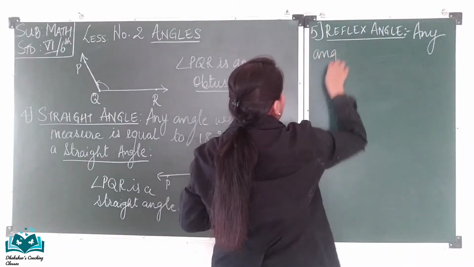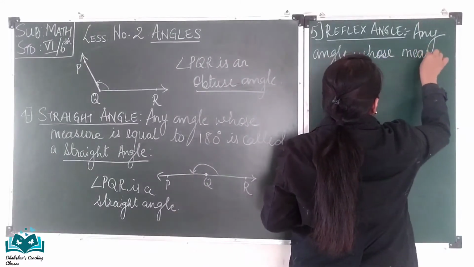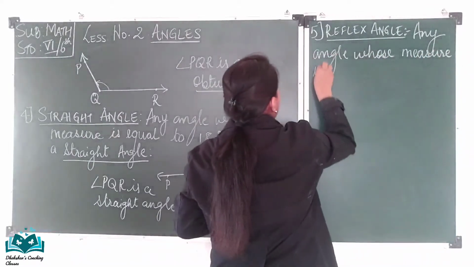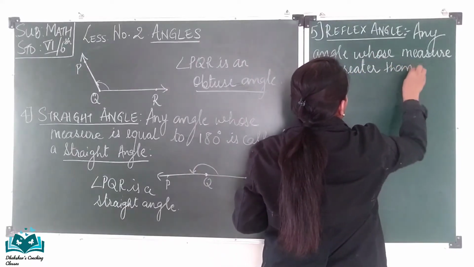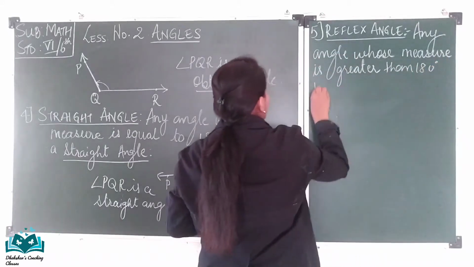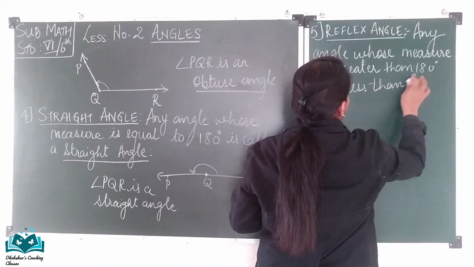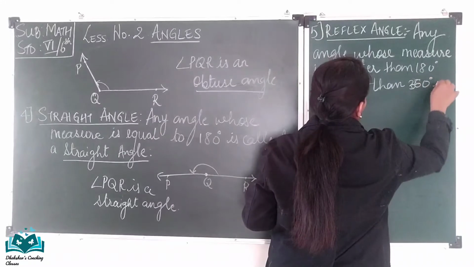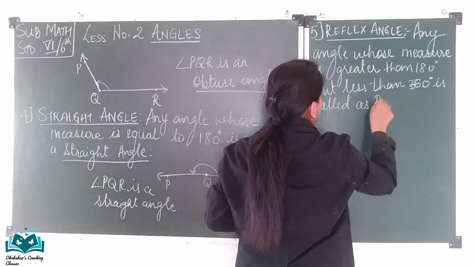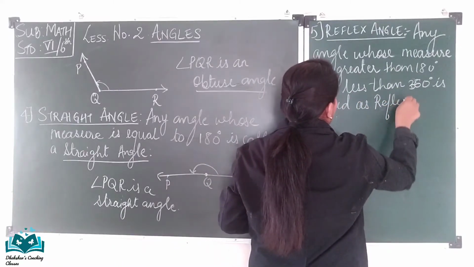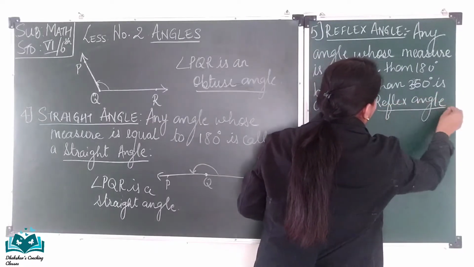Any angle whose measure is greater than 180 degree but less than 360 degree is called your reflex angle.